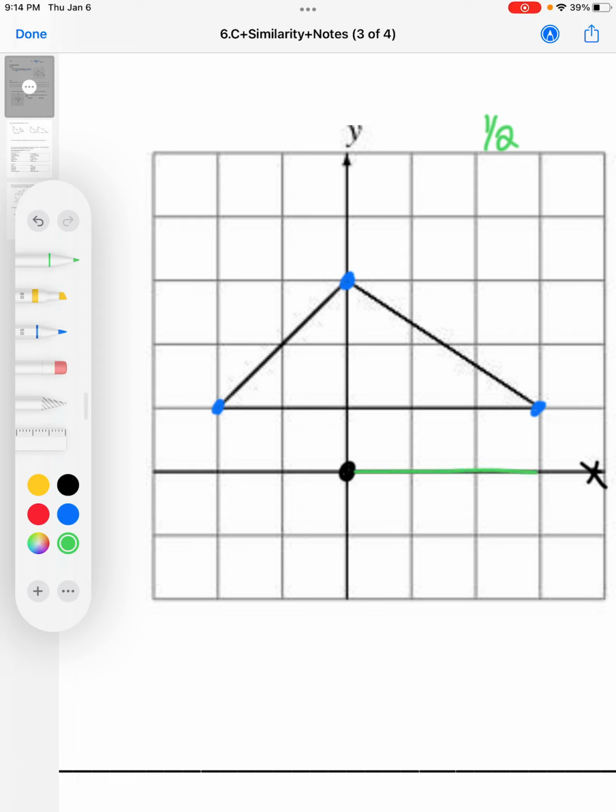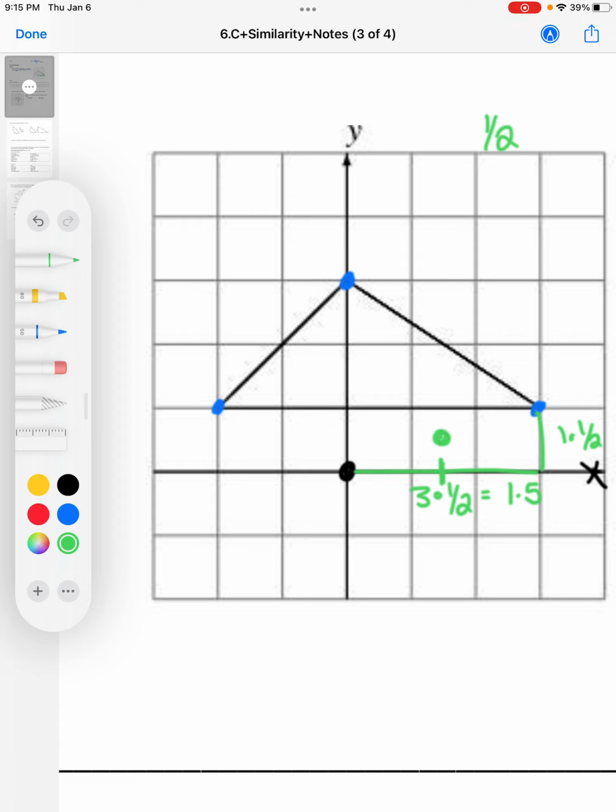Over here, my graph is 3 over 1 up from the origin. So 3 times 1/2, okay? We can type that in our calculators. That's just 1.5. So we now move to about right here. And then 1 times 1/2 is just 1/2.